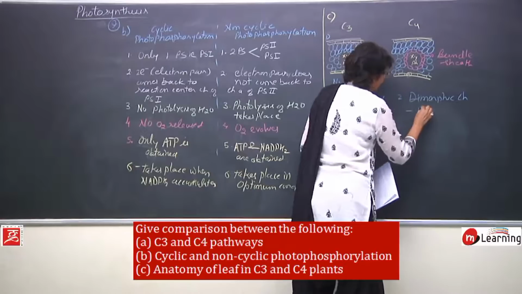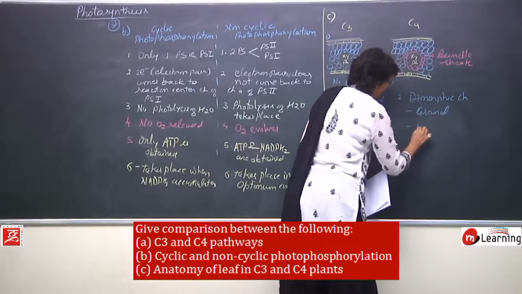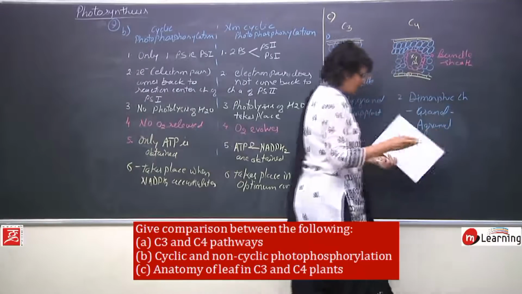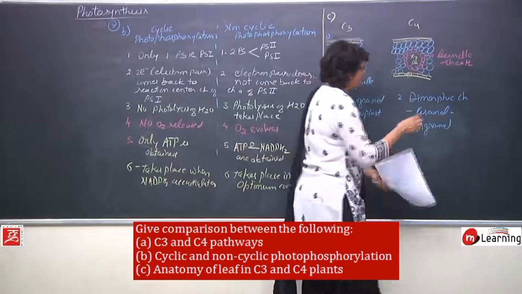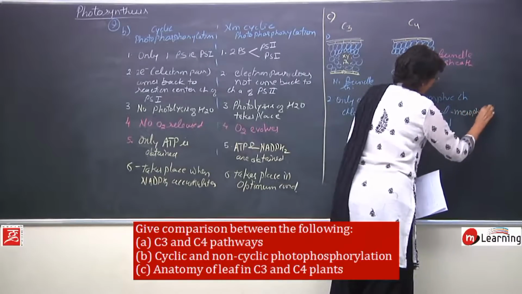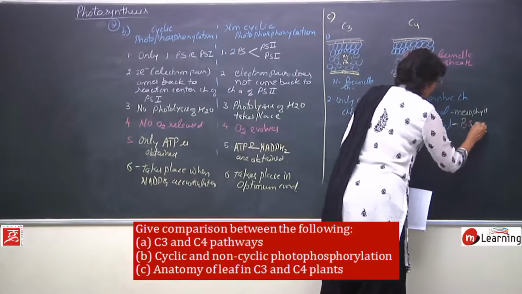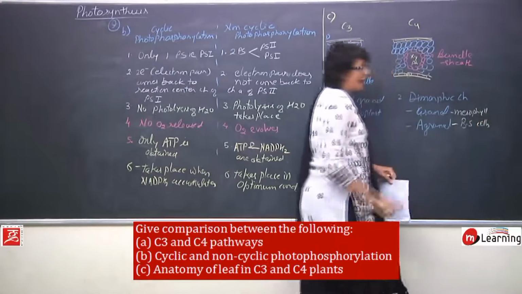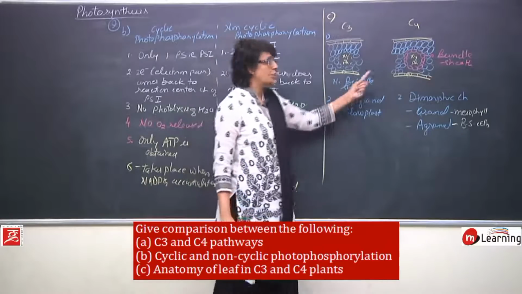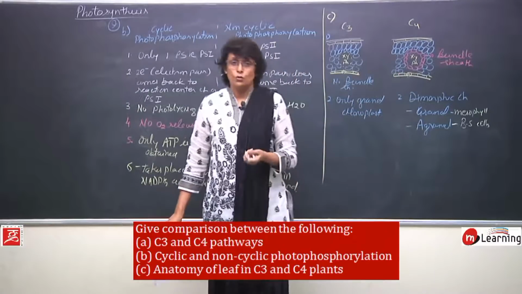One is granal type and the second is agranal. Granal is found in mesophyll cells, and agranal is found in bundle sheath cells. So anatomically there are two major differences. One is bundle sheath and second is two types of chloroplast.